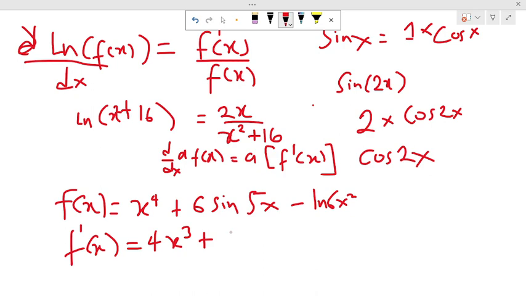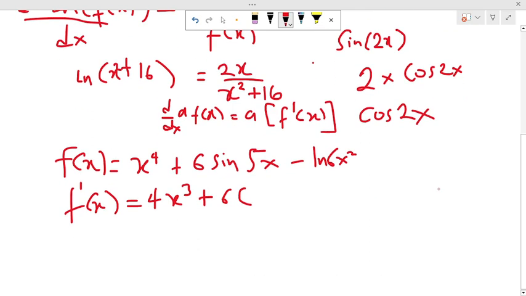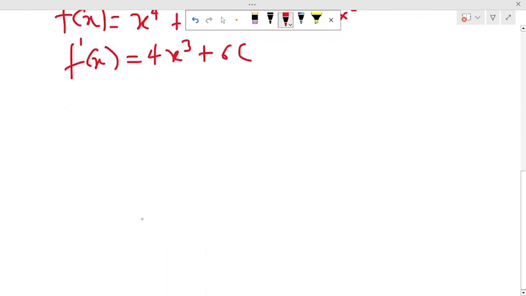So I'll bring the 6 out, then I'll differentiate this function sine 5x.